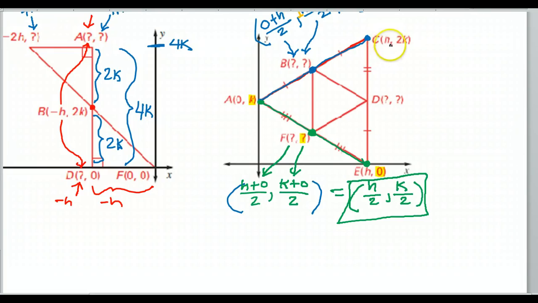See, this x value up here is h, this x value down here is h, so this entire line has an x value of h. So that's thing number one. It's just going to be h, comma, something.